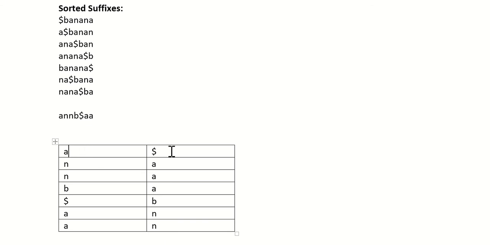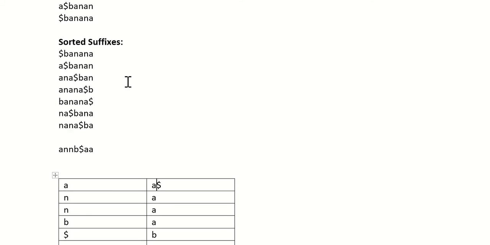So what is the prefix of $? That's where we're going to start. In the BWT, the $ is right here, and we're trying to find the prefix, which would be A. We can find that by looking right here at the corresponding BWT, so it tells us A is the prefix.